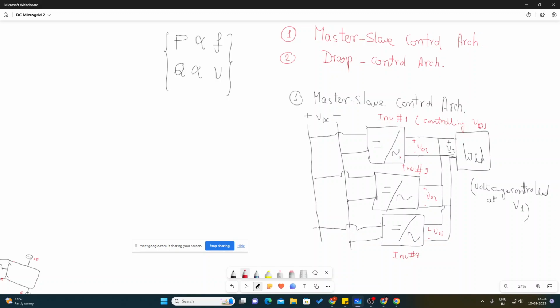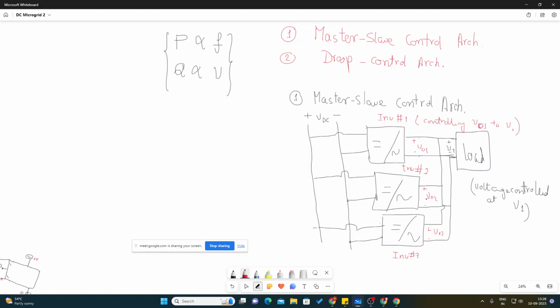So INV1 is responsible for controlling VO1 to V1. Once it is controlled to V1, VO2 and VO3 will also be V1, right? So we need not control the voltage in case of INV2 and INV3.